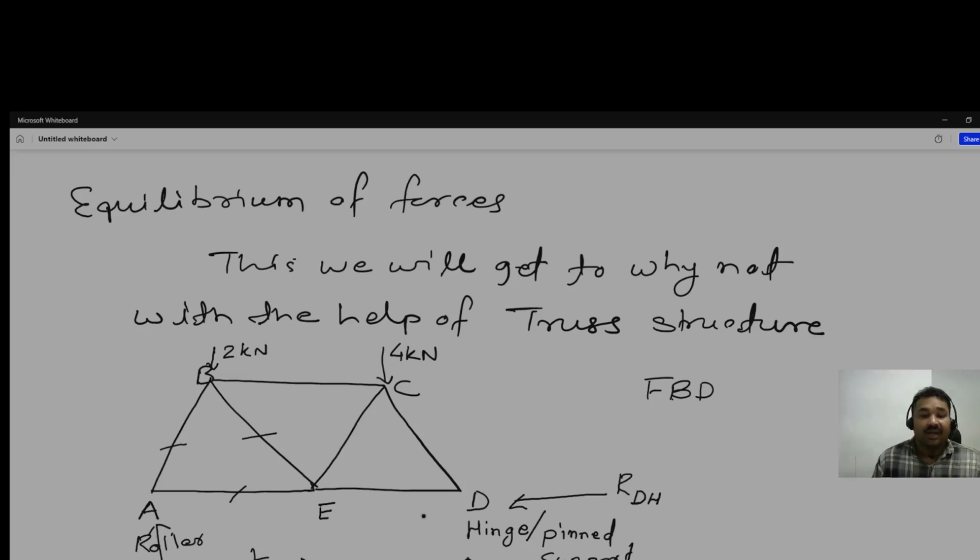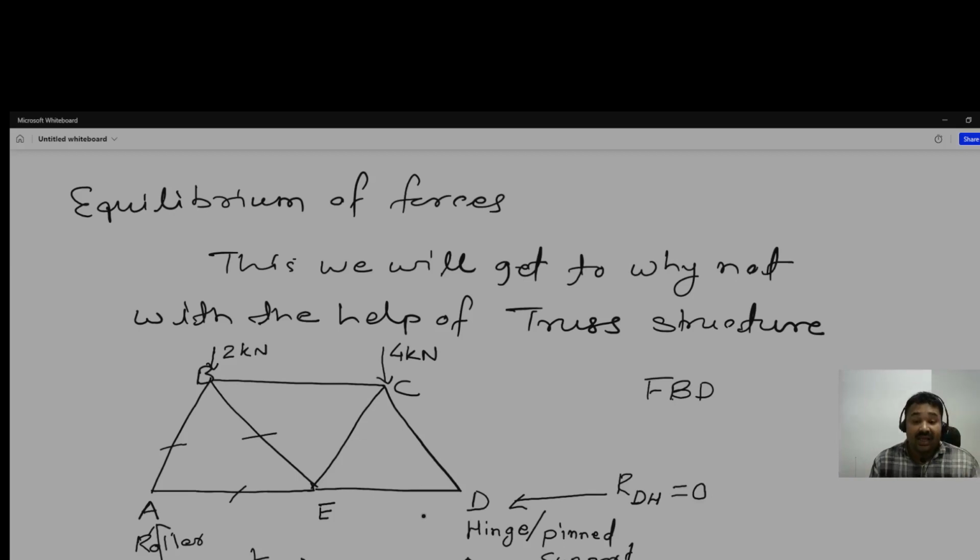Okay, so as we can see the structure, there is no horizontal force acting on the system. The two forces only acting, 2 kilonewton and the 4 kilonewton, both are vertical forces. That's why there is no load to balance this horizontal reaction. That's why its value will be 0.